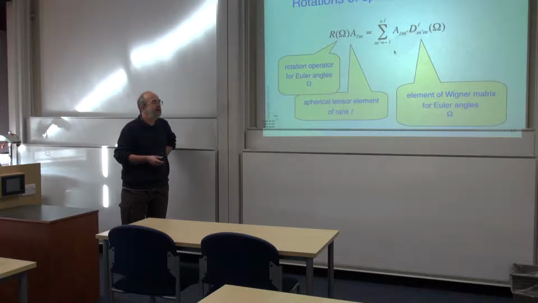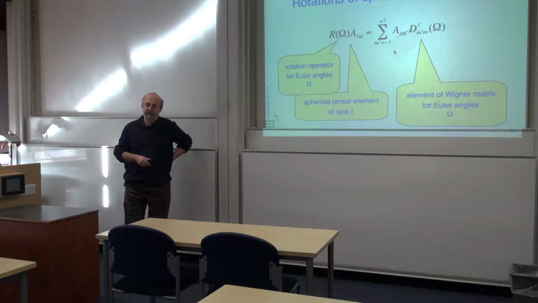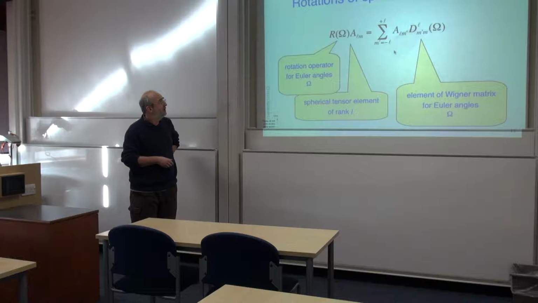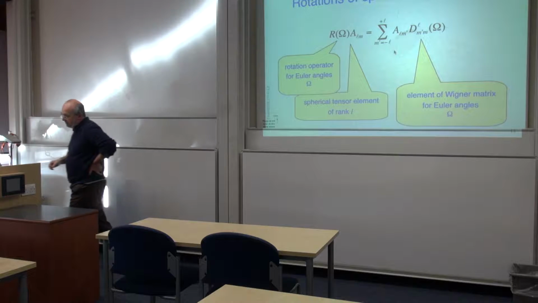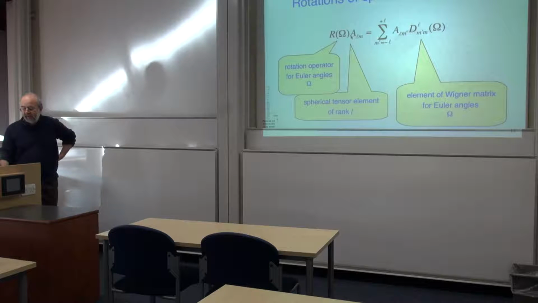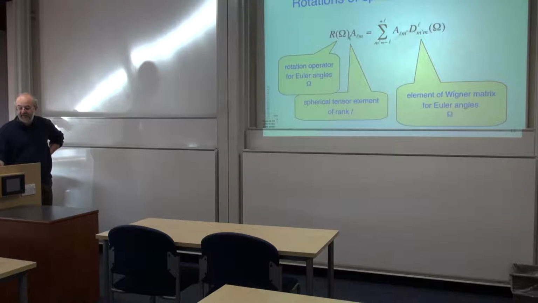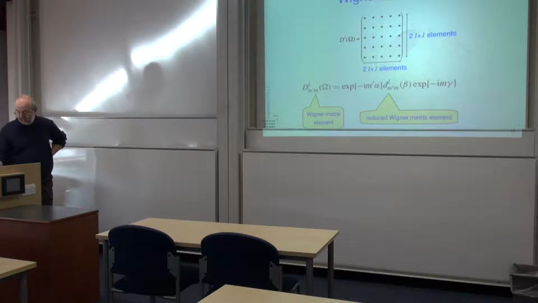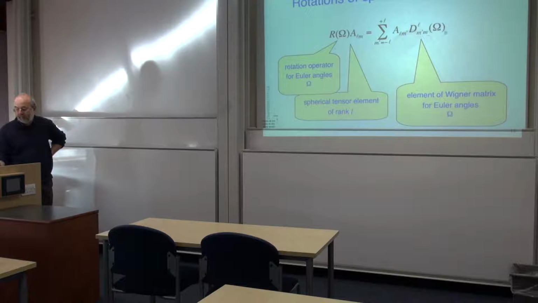And the main property is that if you rotate any spherical tensor of rank L, if you rotate the component M, through a rotation defined by a set of Euler angles, then you generate more components, but always of the same rank L, but you can have different components M. And you rotate them by these things which are called Wigner matrices.